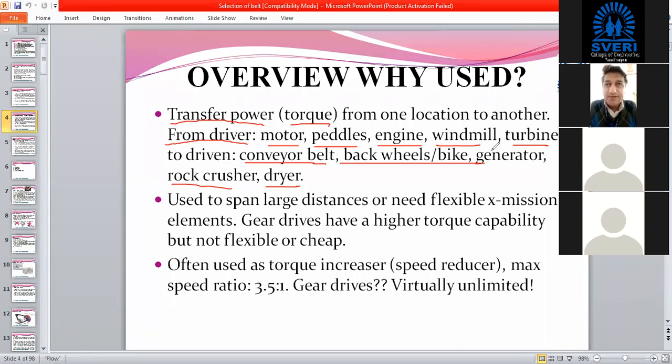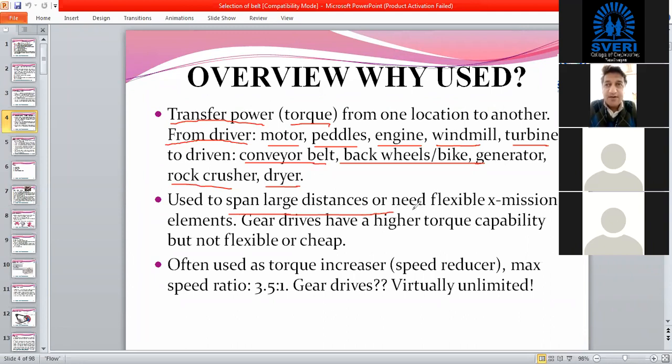All these examples where belts are used are nothing but machineries which are operated by means of some prime mover, like an engine or motor, and that power is transmitted from one place to another. Then as we discussed, for large distances, these belt drives can be used.